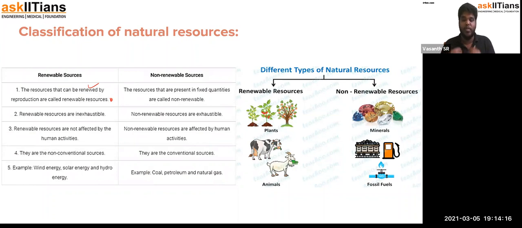Anything which cannot be replaced, which is in fixed quantity and cannot be produced more and more, is called non-renewable. Renewable resources are inexhaustible, constantly available without any hindrance. Non-renewable resources are exhaustible, which means they can be made to zero. We can reach a point where they will no longer be available. So that's the difference between renewable and non-renewable resources.